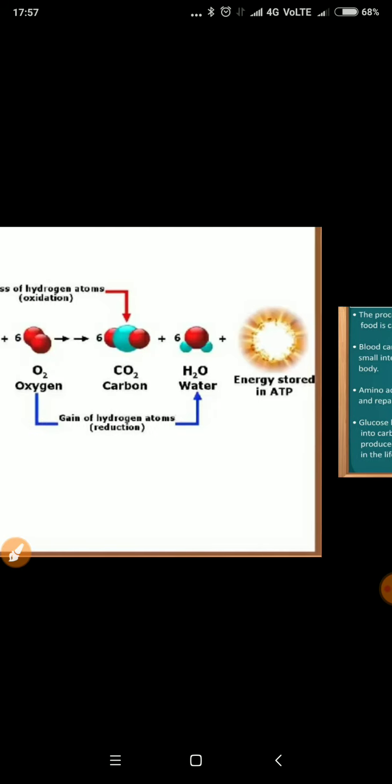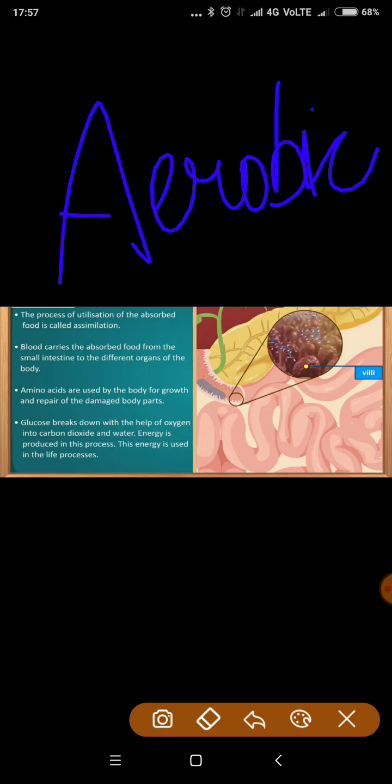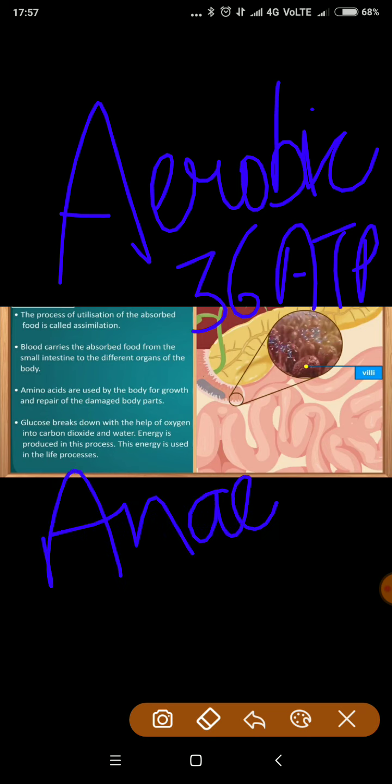ये जो मैंने आपको बताया, this is aerobic respiration, in which 36 ATPs are released. Anaerobic respiration also occurs in our body, when oxygen is not there. Anaerobic means in the absence of oxygen.